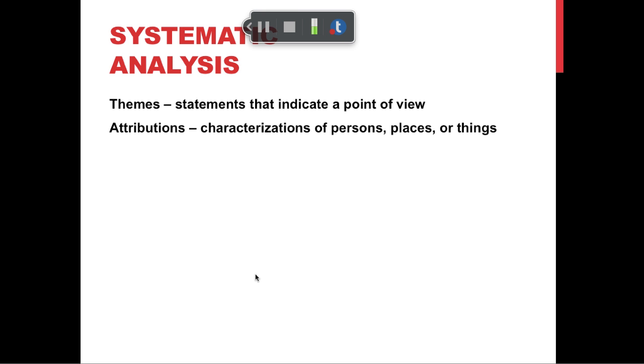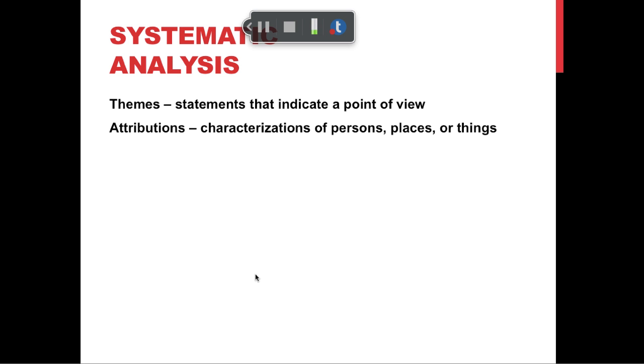Attributions are characterizations of persons, places, or things. How are these particular characters, or places or things characterized in the specific document or artifact itself? Be really focused on that: what type of image are they creating here?